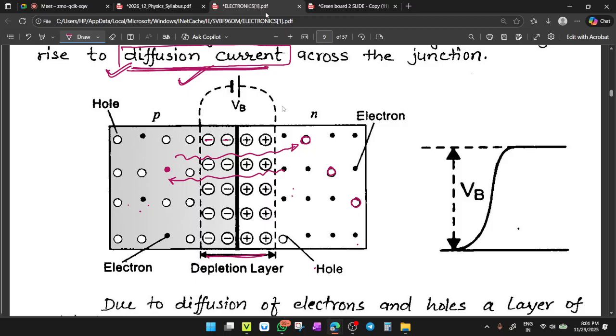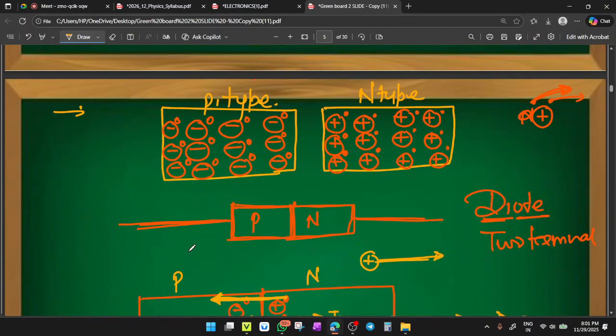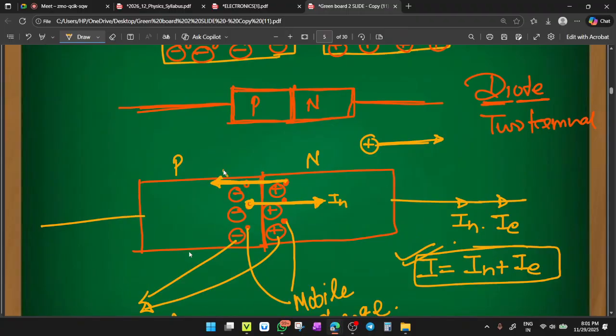Clear? The negative immobile ions, collectively, will produce a small negative potential, as the negative charge accumulates here near the junction. And after the accumulation of positive charge, there is a creation of a small positive potential.